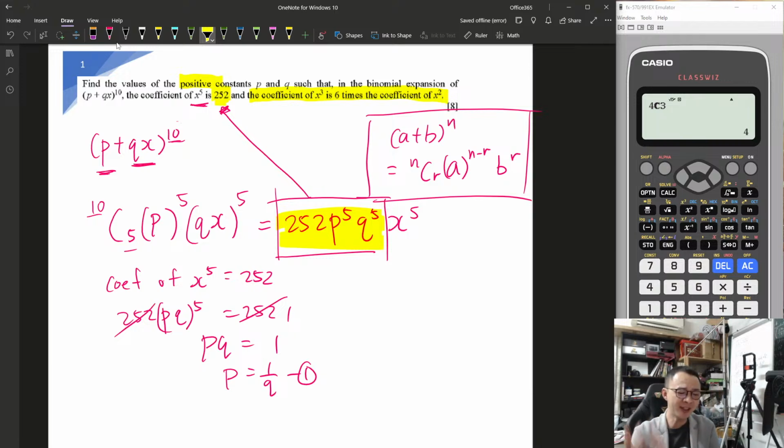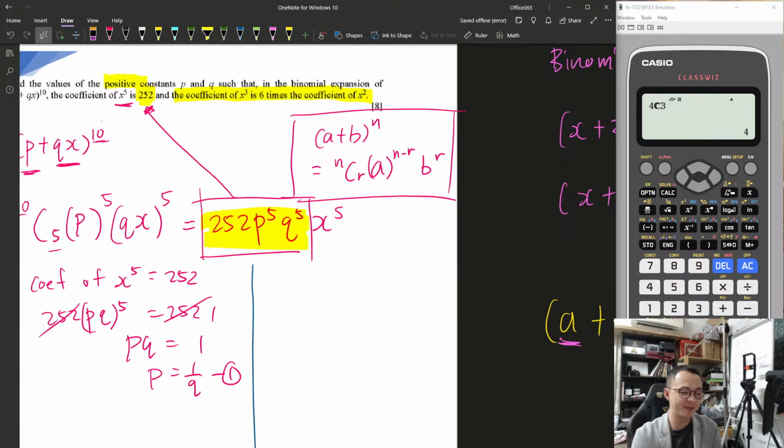They say the coefficient of x power of 3 is 6 times the coefficient of x power of 2. So I will use the same logic to get the coefficient of x power of 3. I need to ask myself which term will give me x power of 3. We understand the power of x follows my r value. Because of nCr, my n is 10, so I will do 10c3.